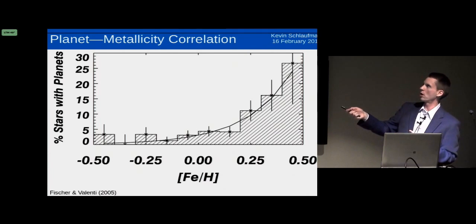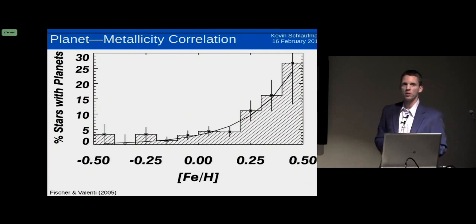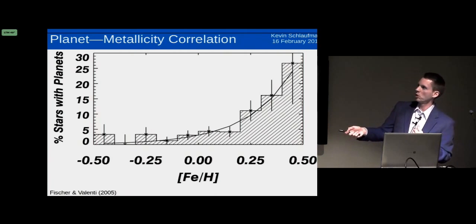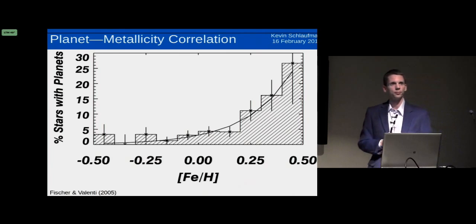If we go to stars that have twice the metallicity as the sun, something like 20% of those stars have a giant planet like Jupiter. Whereas for stars which only have half the metallicity of the sun, that occurrence rate is much smaller, only a few percent.